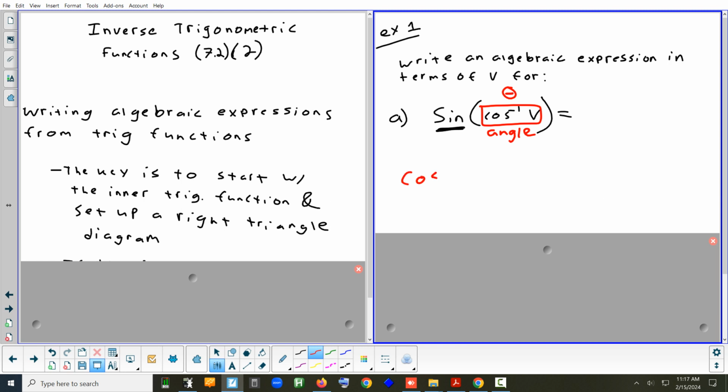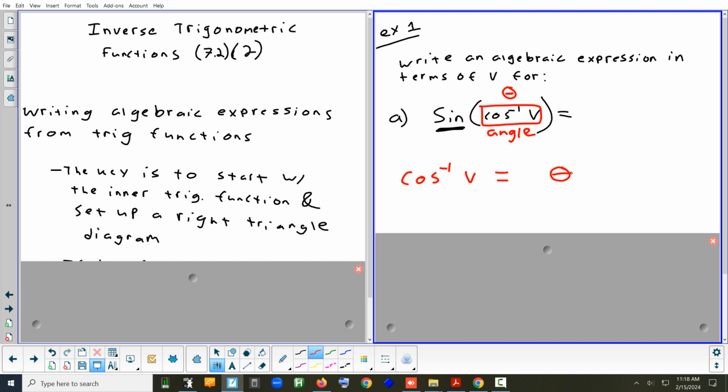So the inverse cosine of v is going to come out to some angle that I don't know. Let's just say it comes out to theta. Again, this sine has nothing to do with the question till the very end. So, any question why I said inverse cosine is going to equal some angle?